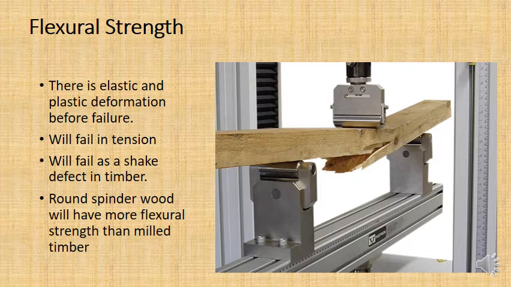And so if you have round wood where you're testing a log rather than a square cut timber, it's going to be stronger in flexural strength, because the grains are not going to go to the surface. They are held within rings, and so it's much harder for these shakes to form.